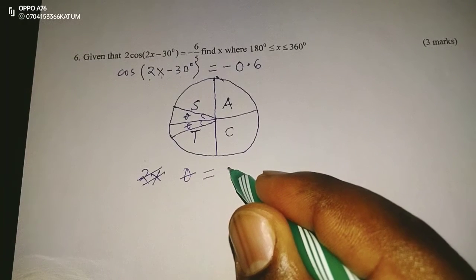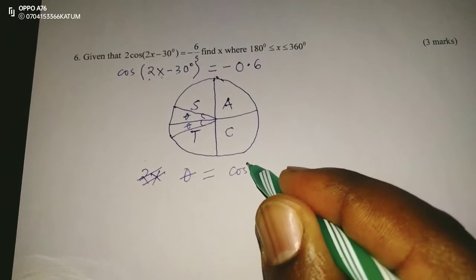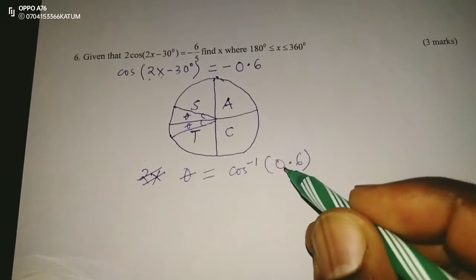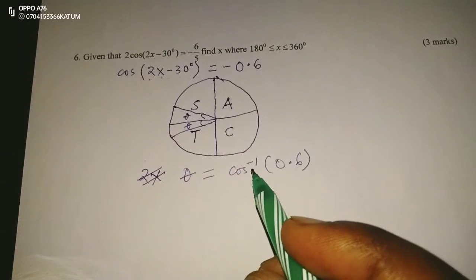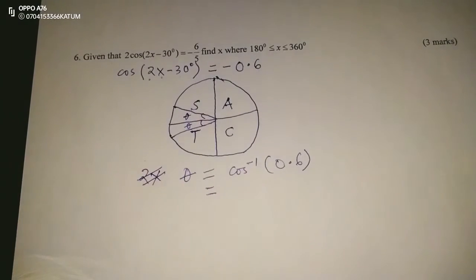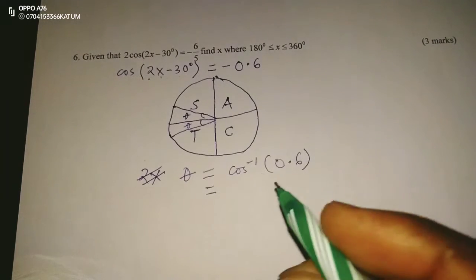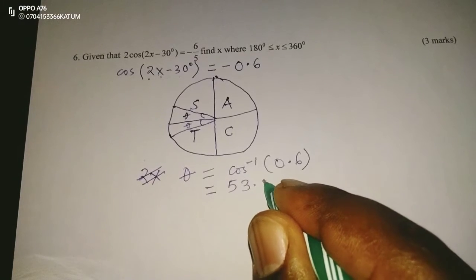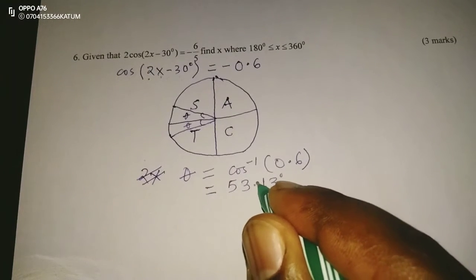Theta is given by the cos inverse of 0.6. I'm first ignoring the negative. So theta is going to be, when I take shift cosine of this value, 53.13 degrees.